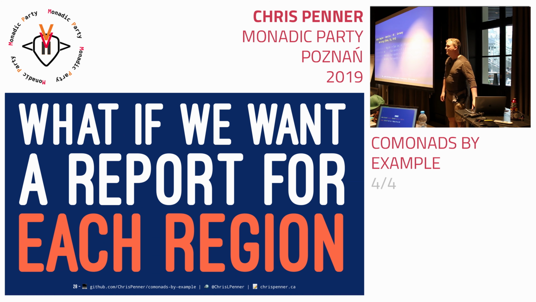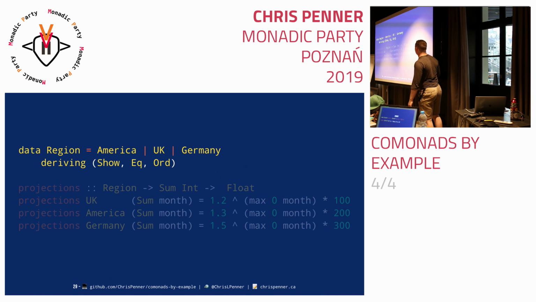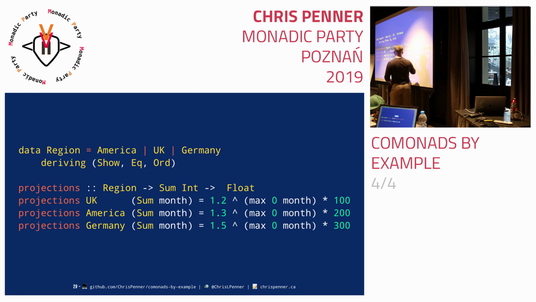So we're going to define just 3 of the regions. We're not global yet, but we're working our way there. We're working in America, and the UK, and Germany. And we've updated our projections. So now, based on the month and the region, we can say how much we're going to make. Germany is doing really well. They're going to make a little bit more money than everybody else. This is just so we can differentiate.